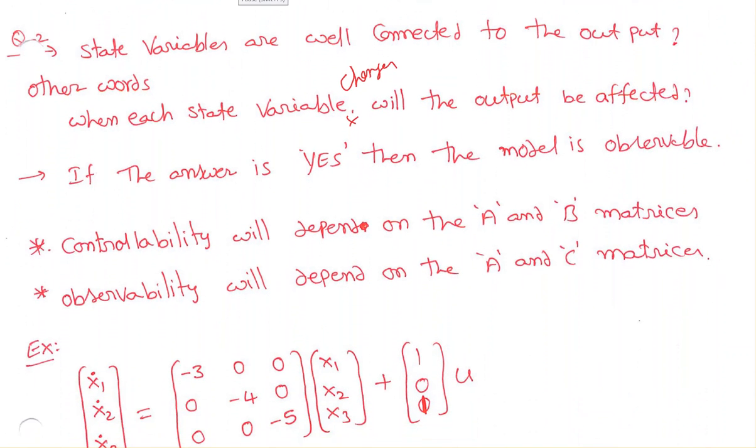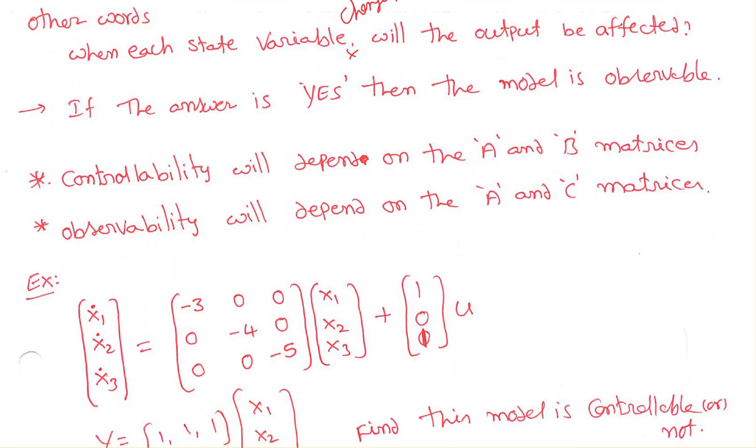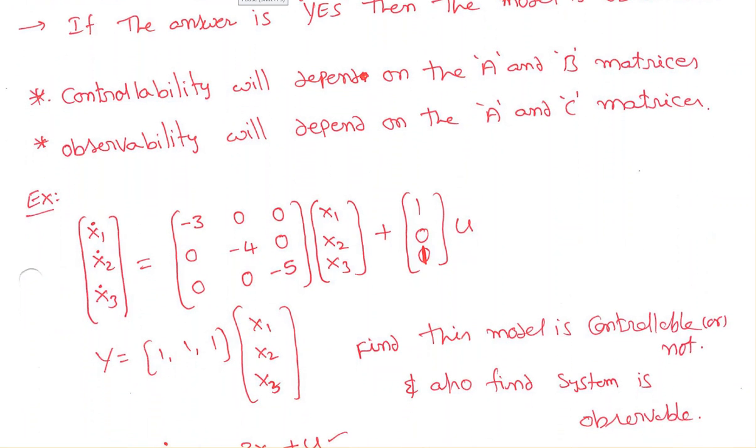Now the important mathematical points are: controllability depends upon the A and B matrices. Observability depends upon the A and C matrices. Now here is a simple example. X dot, here you have three state variables. It's a 3 by 3 matrix, you can see clearly.